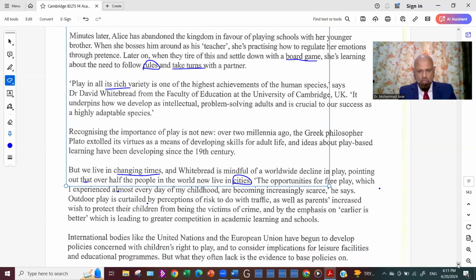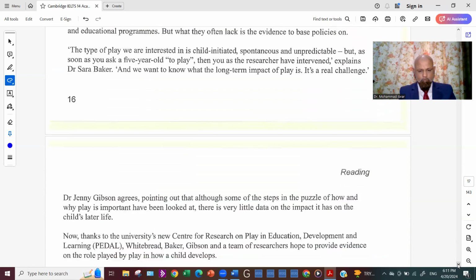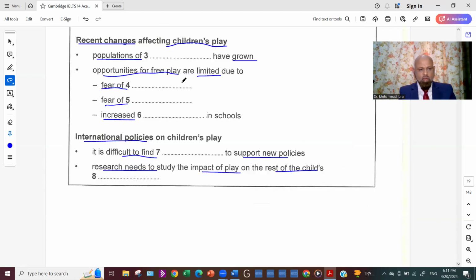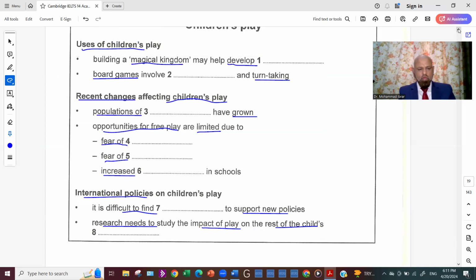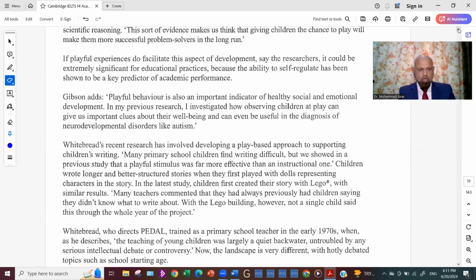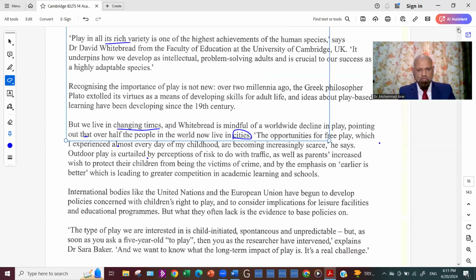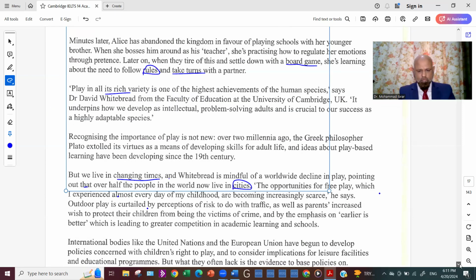Now let's go back again to the question. Now, opportunities for free play are limited because of fear. We have to find fear of something and again fear of something again. Let's go back to the paragraphs. And you see, it's just one after another.